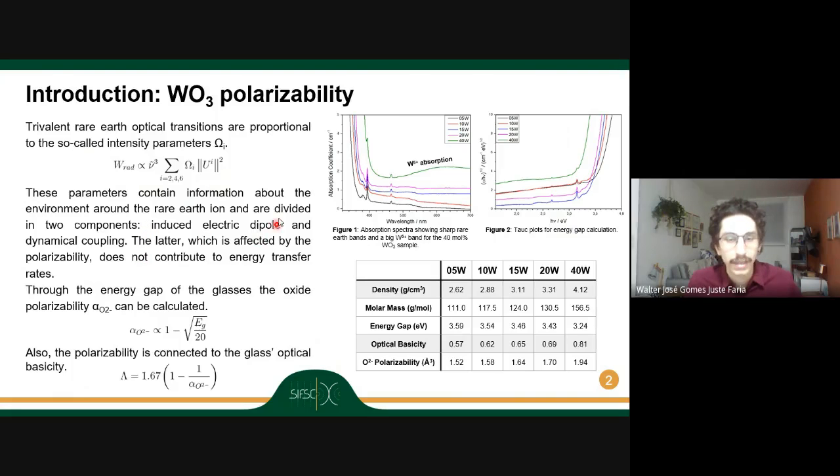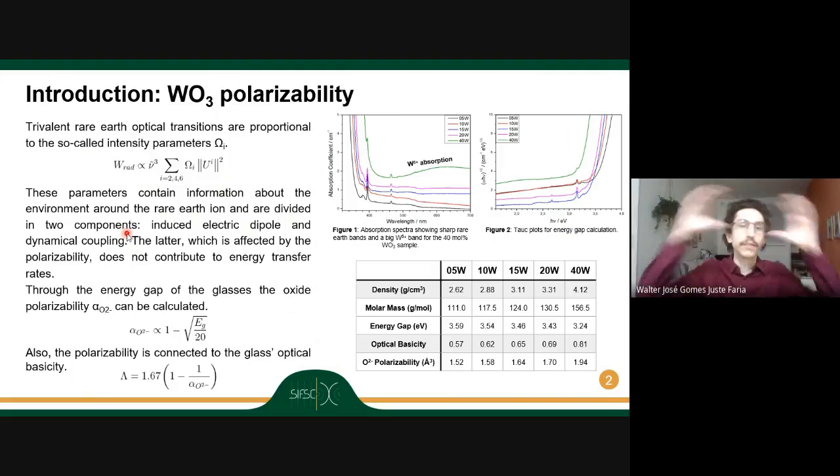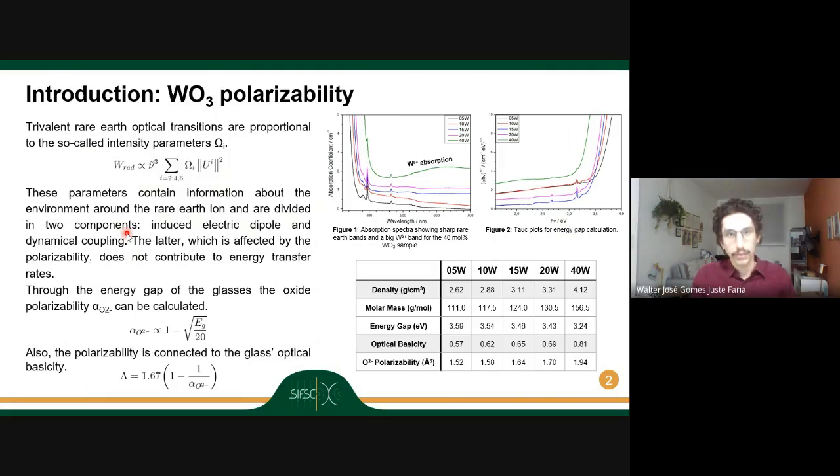They are the induced electric dipole. This is exactly like a regular electric dipole, but is induced because in principle the pure electric dipole transition is not allowed in rare earth ions. And the other mechanism is the dynamical coupling. This dynamical coupling arises when incident light, incident photons create some kind of oscillating dipole in the surrounding atoms around the rare earth ion.